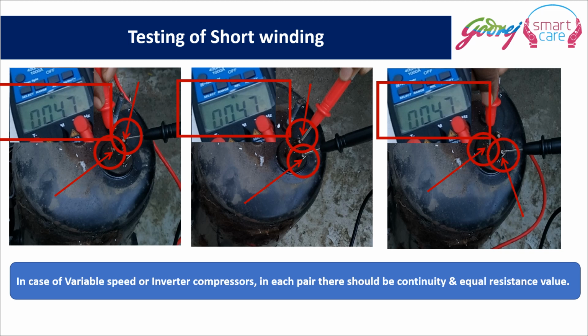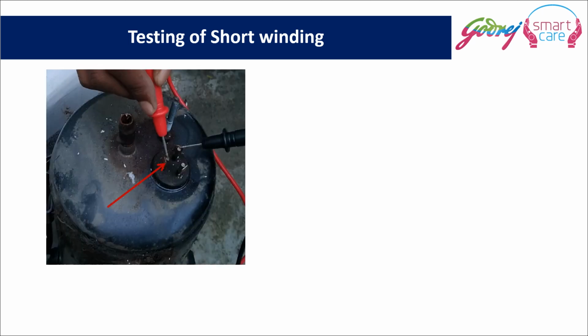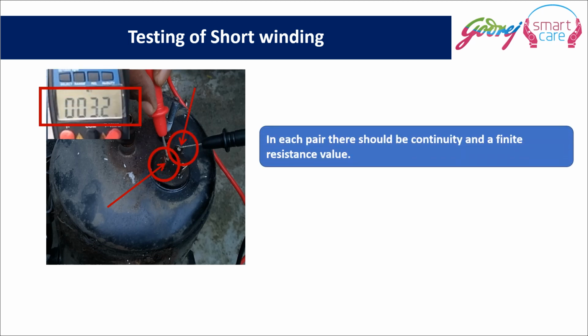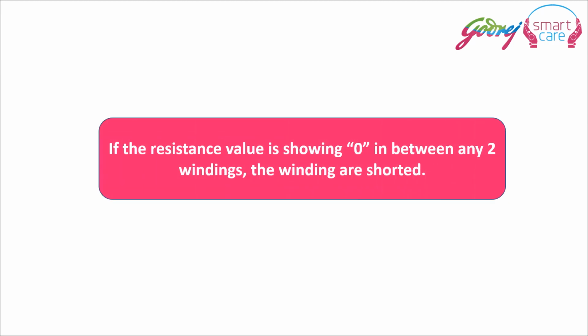In case of variable speed or inverter compressor, in each pair there should be continuity and a finite, equal resistance value. If the resistance value is showing 0 between any two windings, the windings are short.